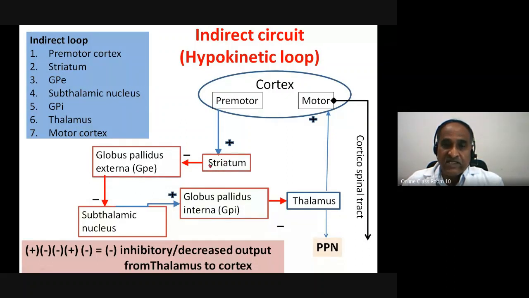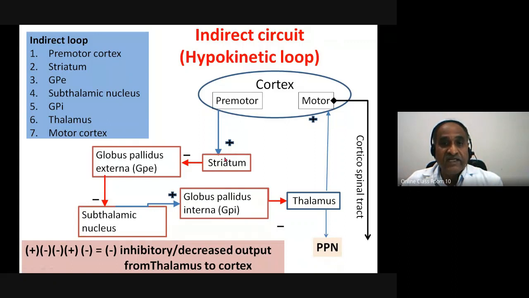The striatum sends information to the globus pallidus externa, and from the globus pallidus externa, it will send information to the subthalamic nucleus, and the subthalamic nucleus in turn communicates to globus pallidus interna, and the globus pallidus interna again talks to thalamus, and from thalamus it is going to motor cortex and the pontopeduncular nucleus.